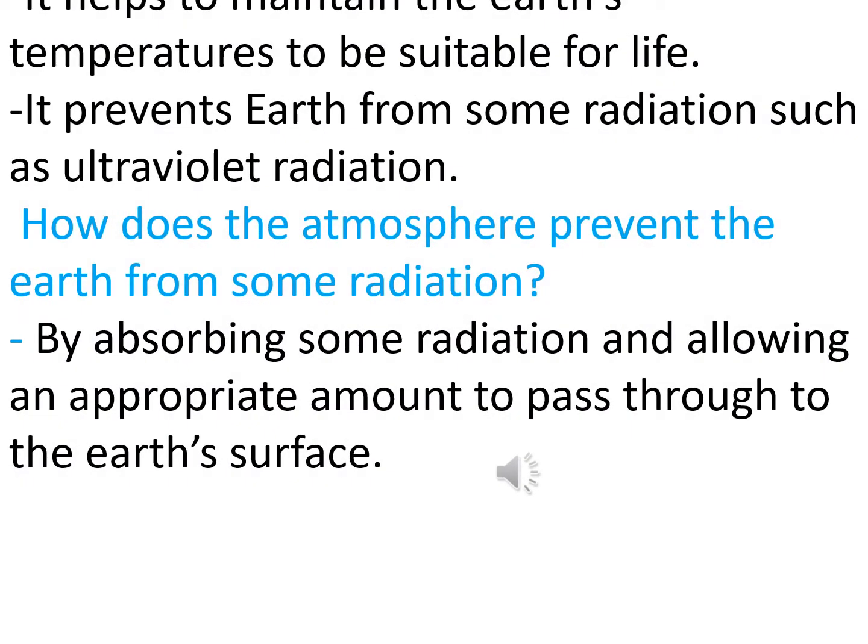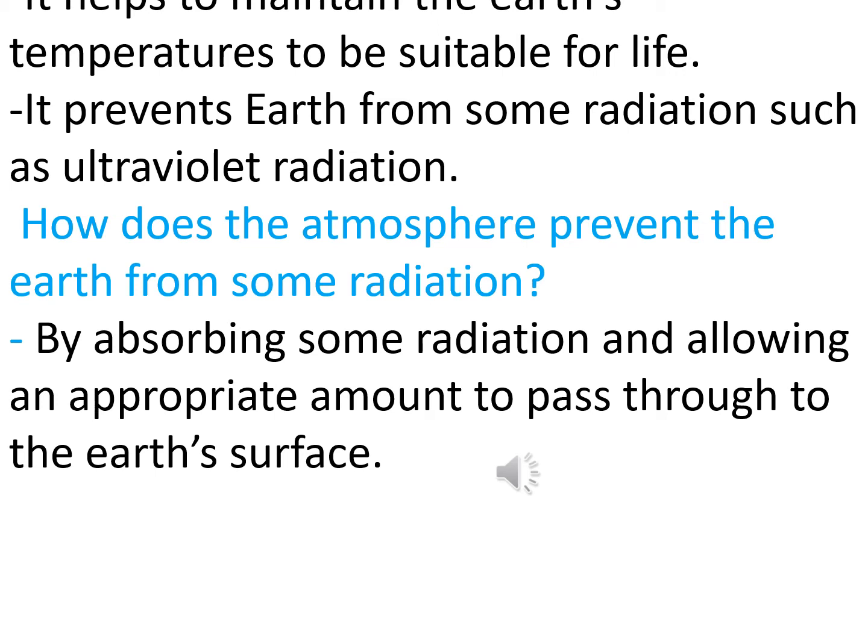Importance of the atmosphere. Why would we say that the atmosphere is good? The atmosphere is good because it helps us in the following ways. 1. It helps to maintain the Earth's temperatures to be suitable for life. If it wasn't for the atmosphere, it would be extremely hot, to the extent that possibly we could not afford it.